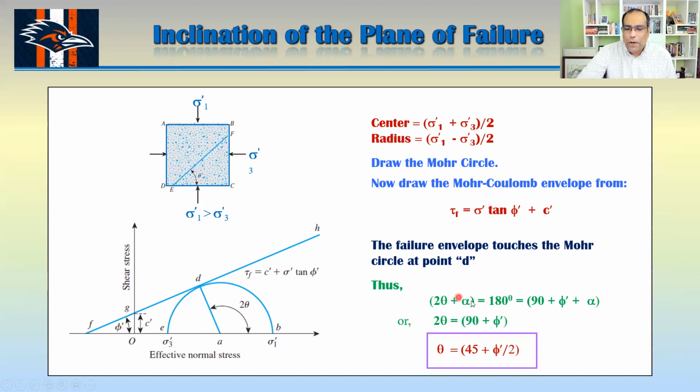So if you just solve that, then you get theta equal to 45 plus phi prime by 2. So if you know the friction angle of the soil, then you can predict at which plane this soil is going to fail.